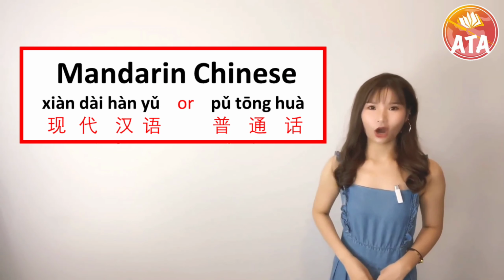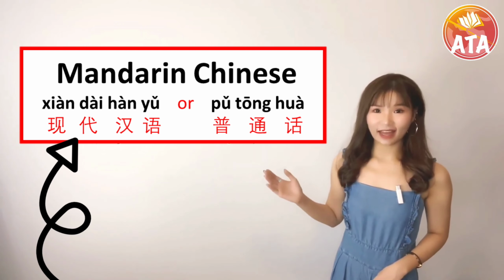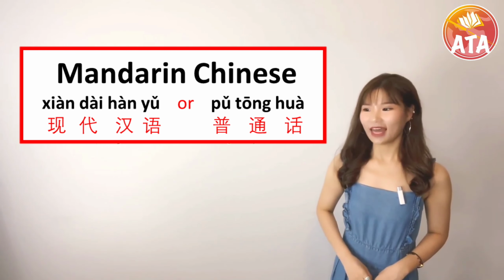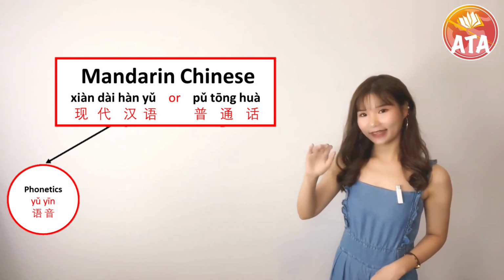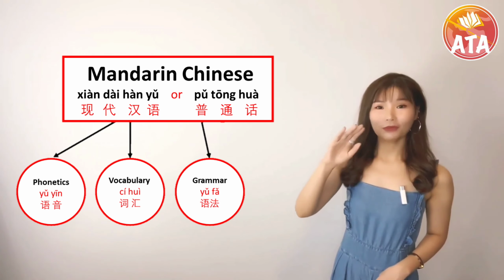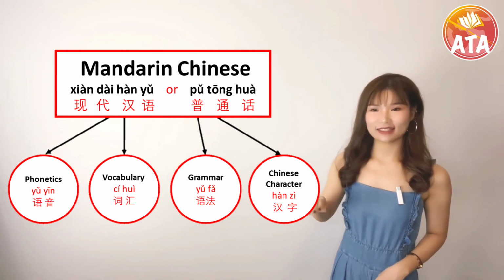Mandarin Chinese or Modern Chinese, you can call it 现代汉语 or 普通话. It's composed of phonetics, 语音, vocabulary, 词汇, grammar, 语法, and our Chinese characters, 汉字.